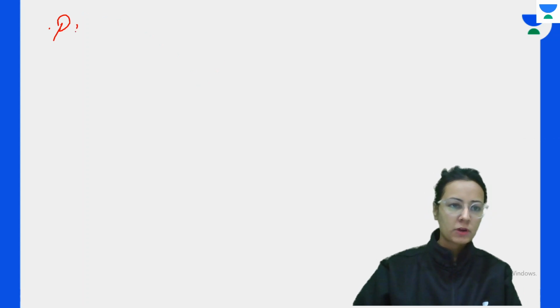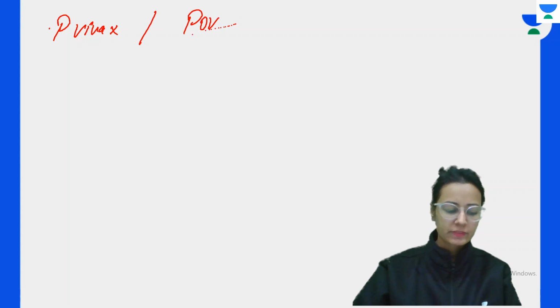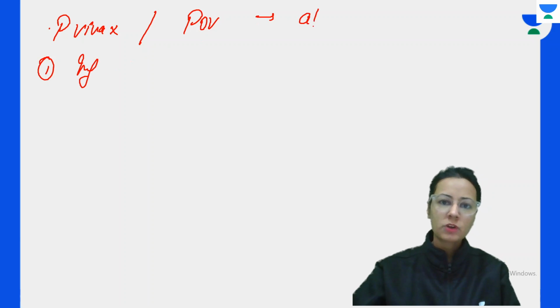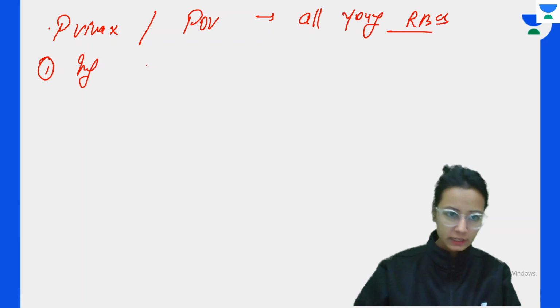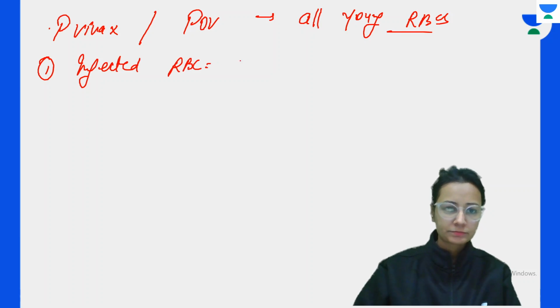Now, talking about Vivax and ovale. First, they infect all the young RBCs, and the infected RBCs will be enlarged.